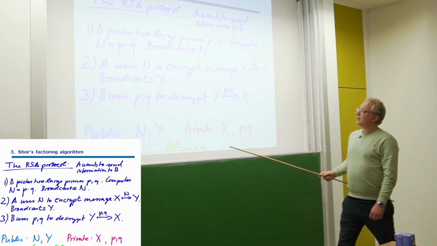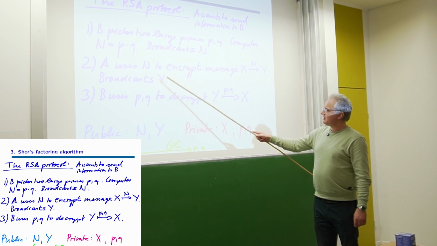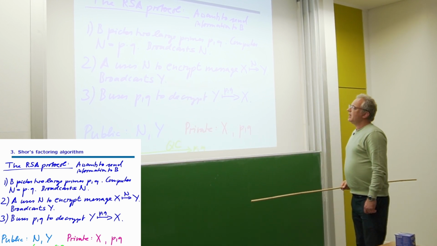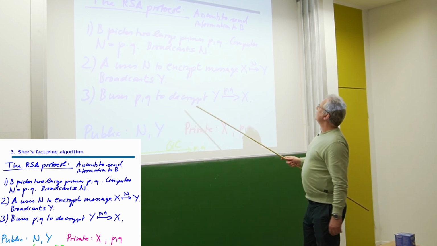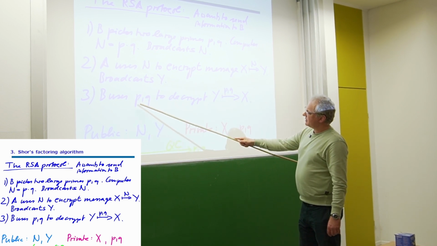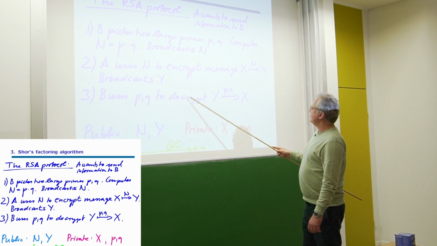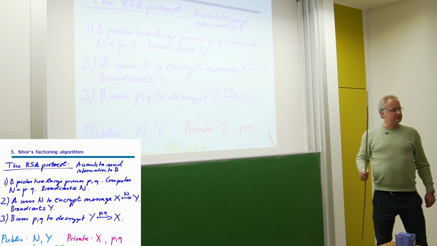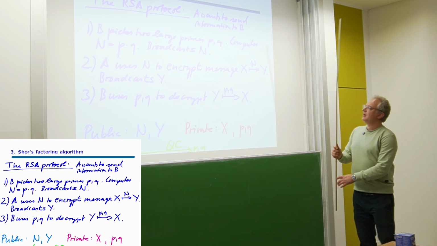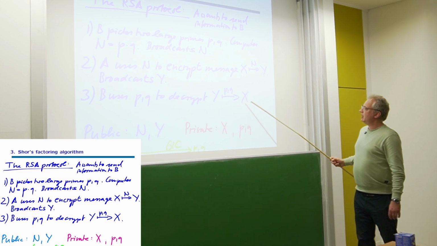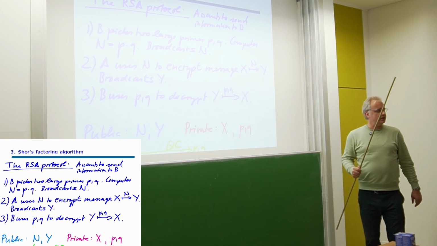Again, A doesn't send anything in secret, it just broadcasts this encoded message to the whole world. Among this whole world is the receiver B, who uses the two factors to decrypt the encoded message and gets back the clear message. So encoding gets by with the product, and decoding, however, requires the two factors separately.